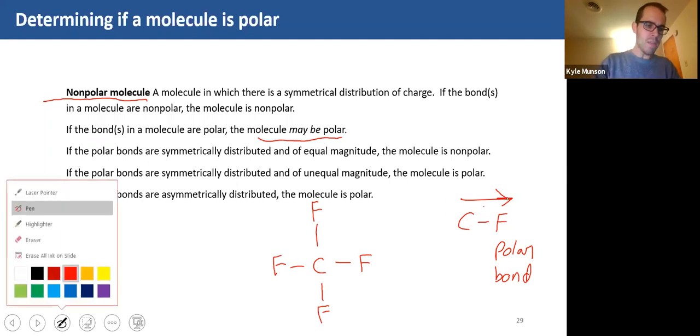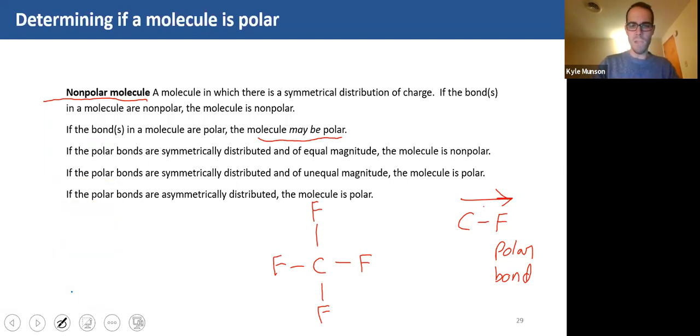If you look at this carbon tetrafluoride molecule, each one of these fluorine atoms is taking away, basically stealing in a way. It's unequal sharing, so they are not evenly sharing with the carbon atom in the bond, but in the molecule, all of the fluorine atoms are doing that.